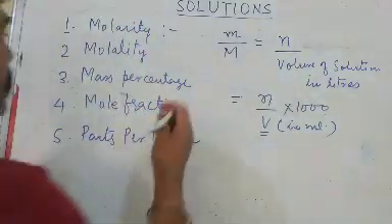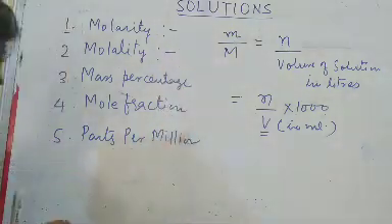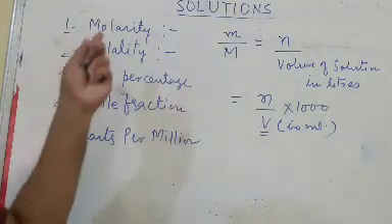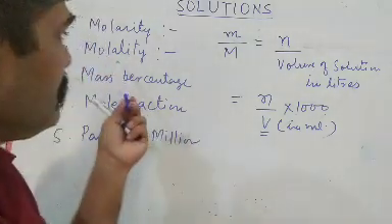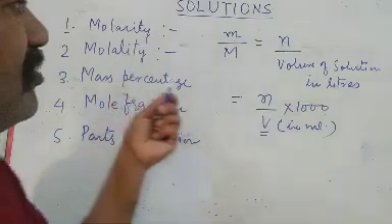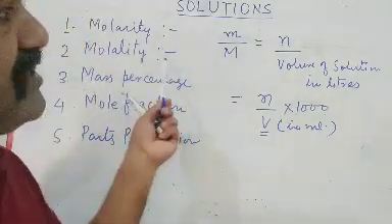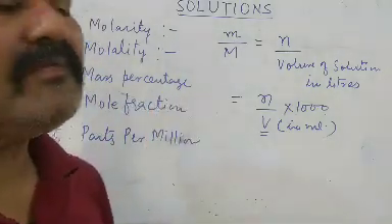Now we proceed to the next term, molality. Slightly different from molarity. According to the simple definition, it is the number of moles of the solute present per kilogram of the solvent.